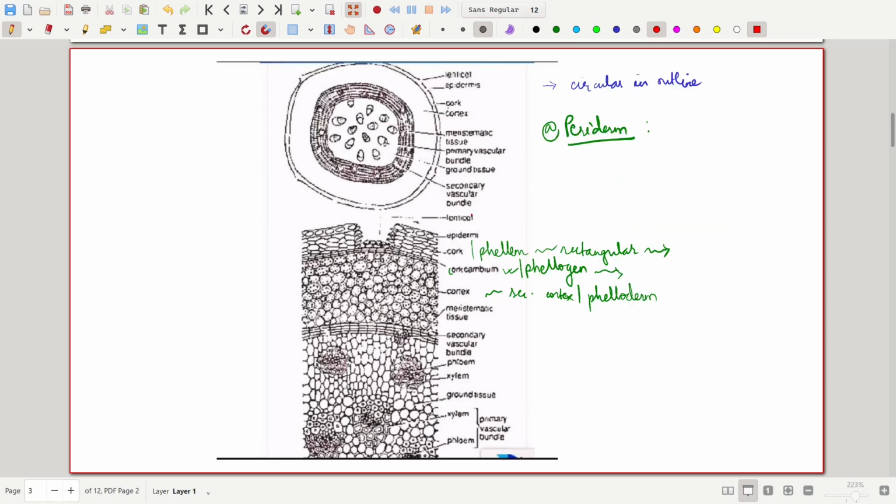Next is the part that is the periderm. The epidermis in the normal stem is replaced in the old stem by the periderm. So we are giving the explanation of the term periderm, which is composed of three parts: first of all cork, which is also known as phellem.